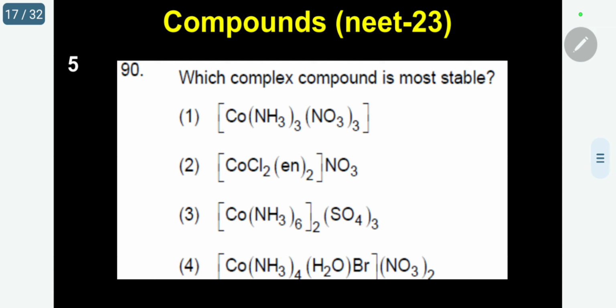There are 4 complexes. The first one is a neutral complex, the second one a cationic complex, the third one a cationic complex, and the fourth one also a cationic complex. Kindly follow. So out of which is the most stable? How to identify the most stable? Any complex having a ligand with higher denticity, that is, more lone pairs donated, will be more stable.